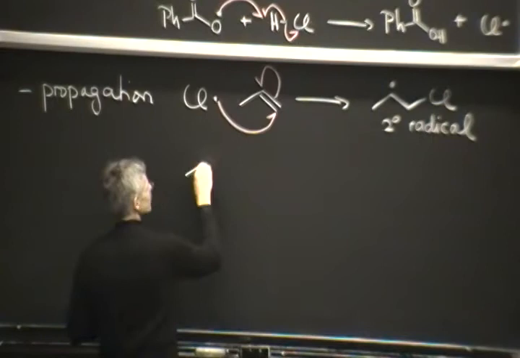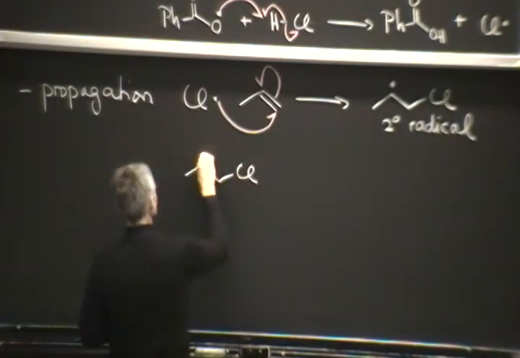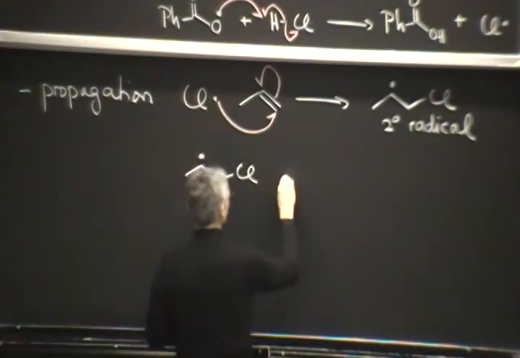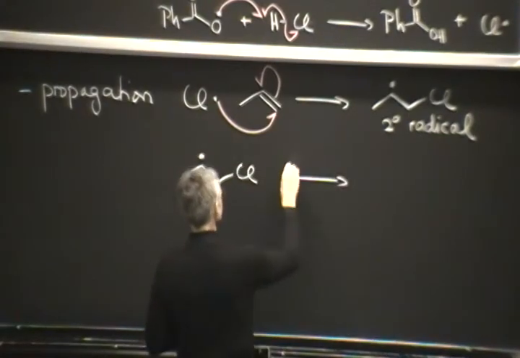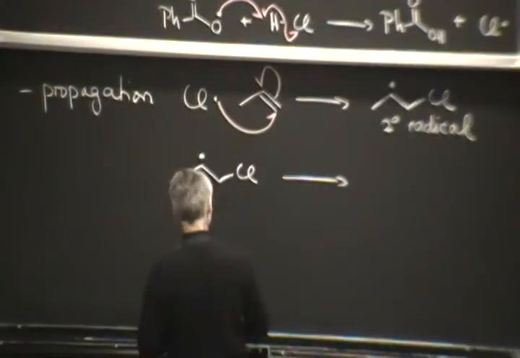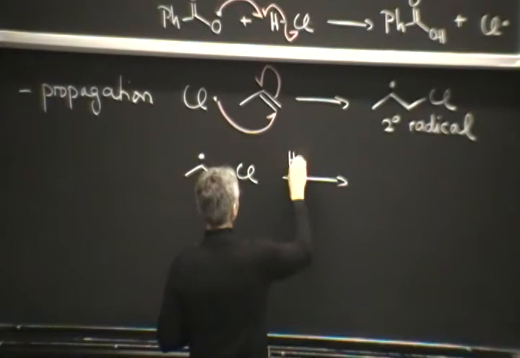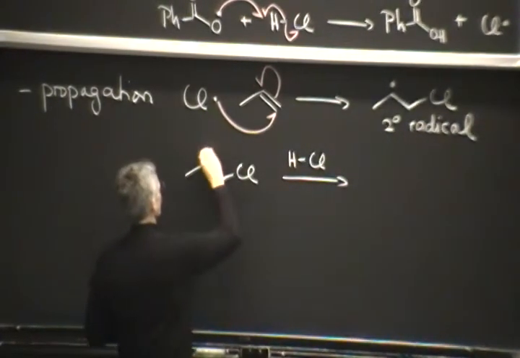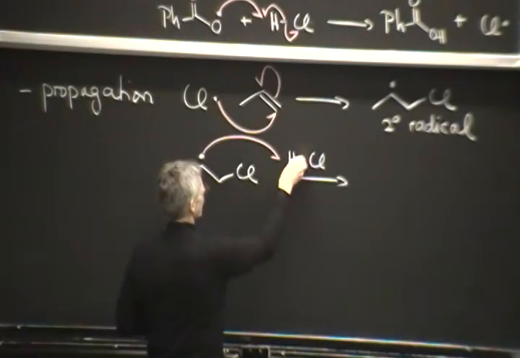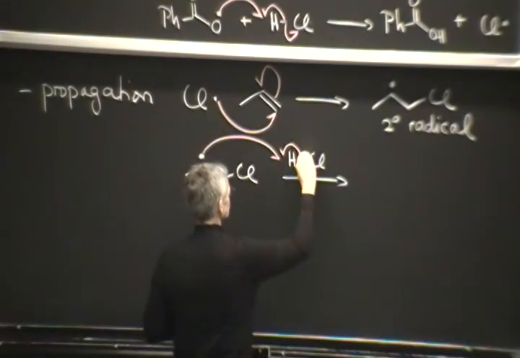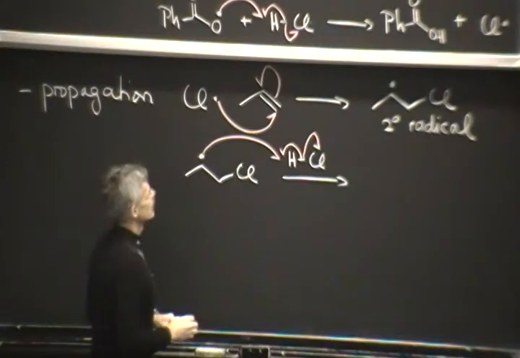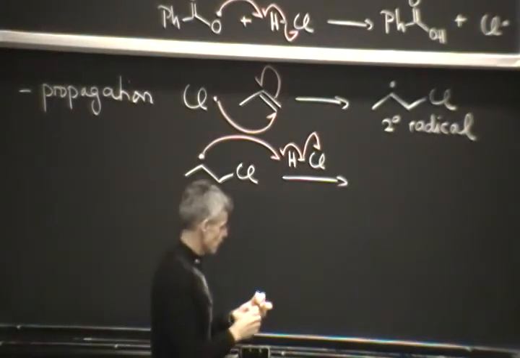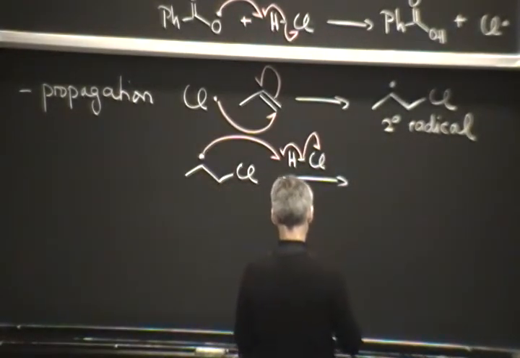And so this preferential formation now immediately explains our regiochemistry of the overall addition, because now I have a reaction with additional HCl, and I transfer my hydrogen atom and I regenerate the Cl dot, which of course carries the propagation steps.